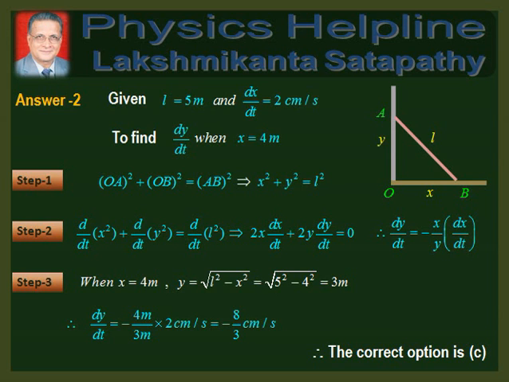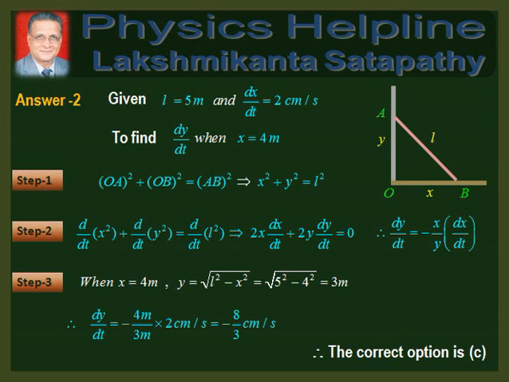We observe that as B moves towards right, A moves downwards on the wall. Let the rate of change of y be dy by dt. We are required to find dy by dt when x is equal to 4 meters. Now, to solve the problem, let us establish a relation between the quantities involved in the question as follows.